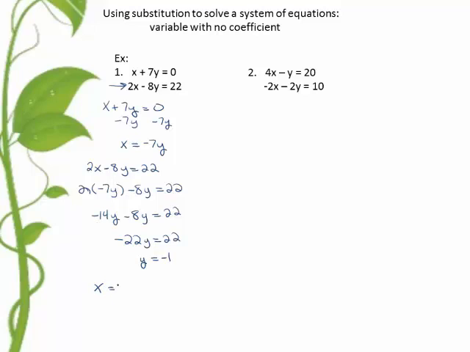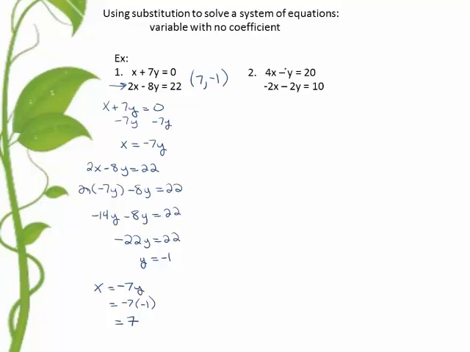Now I know that x is equal to negative 7y, and y is negative 1, so that means that x is 7. So my solution will be (7, -1). Again, we could have used elimination to solve this, but if you'd like, you can set it up to be substitution.